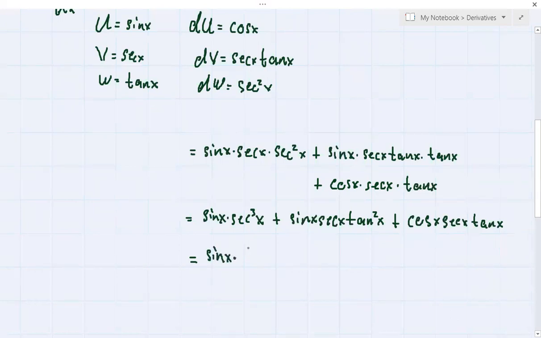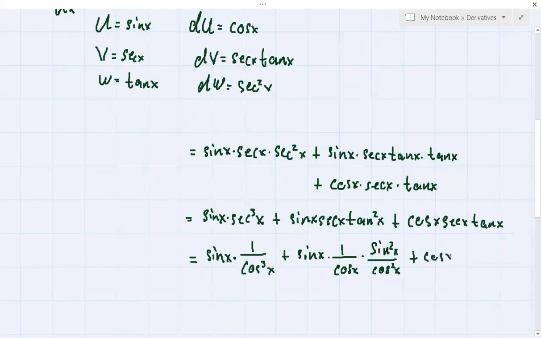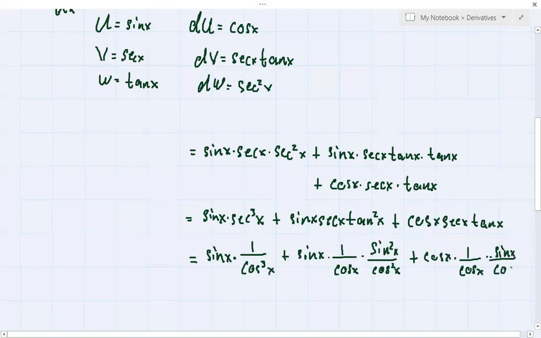So, sin x times 1 all over the cube of cosine x plus sin x times 1 all over cosine x times sine squared x all over cosine squared x plus cosine x times 1 all over cosine x times sin x all over cosine x.